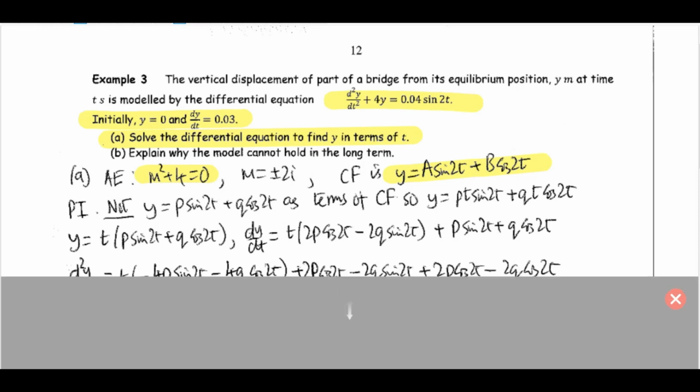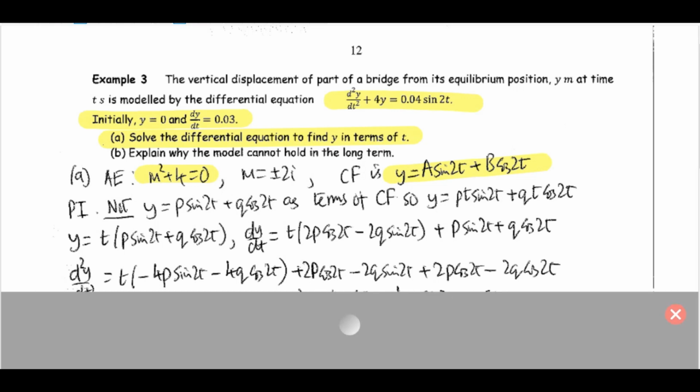We need d2y by dt squared, so we've got to do that again. So d2y by dt squared is, by the product rule, u times dv, which is t into minus 4p sine 2t minus 4q cos 2t, plus v times du, which is 2p cos 2t minus 2q sine 2t. That's because if you differentiate t, you get 1.